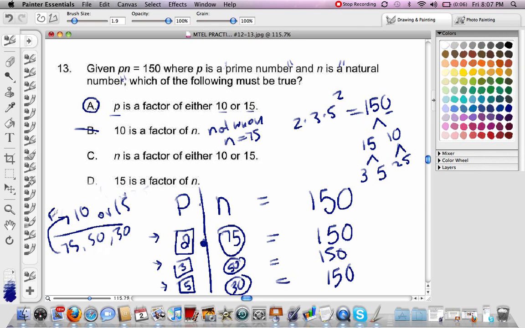These aren't factors. These are multiples. 10 and 15 are factors of these. 75, 50, and 30 are multiples of 10 and 15. C is incorrect. Clear that.